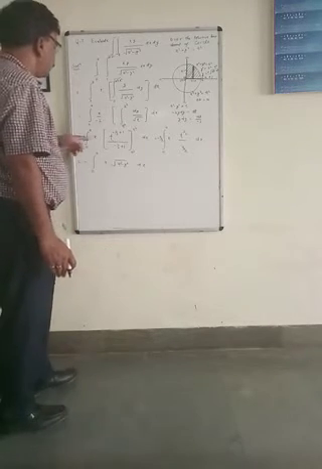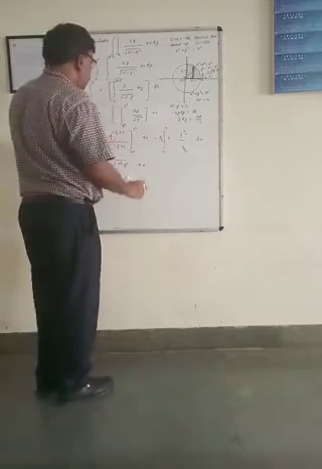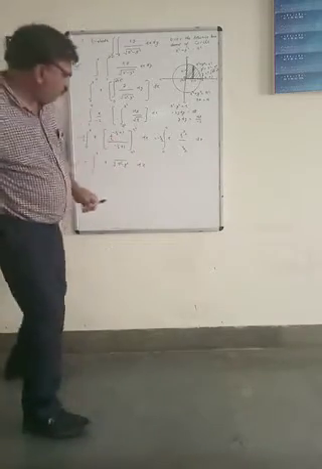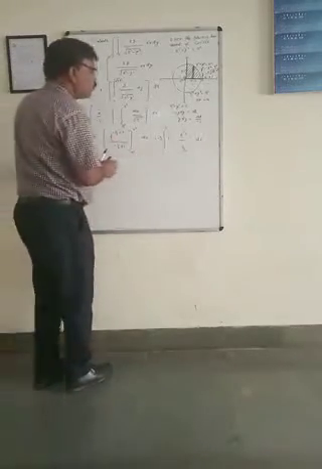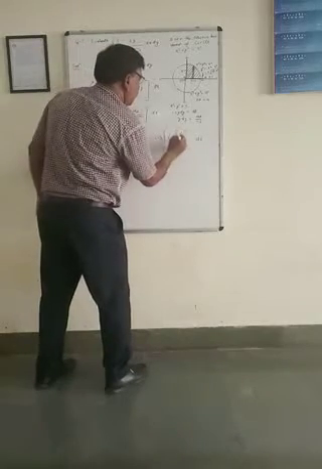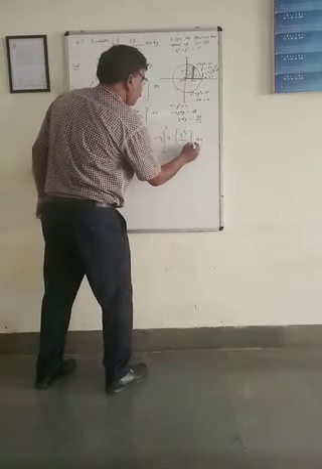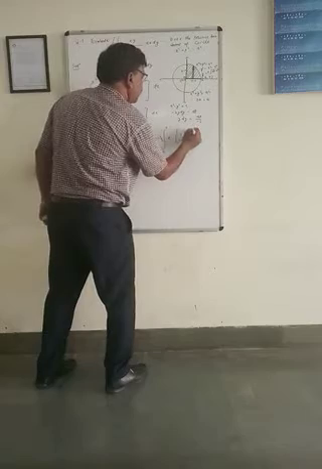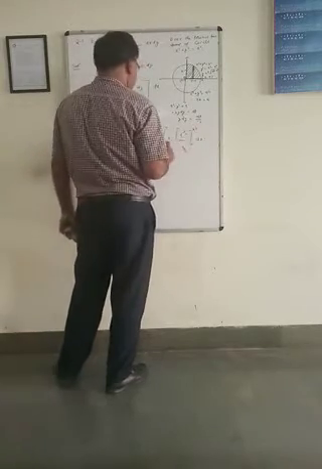T to the power 1 by 2. Sorry, here we have to put the lower limit and upper limit: here a square and this is x square.